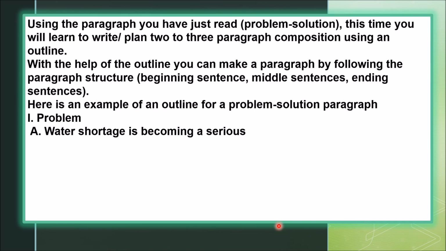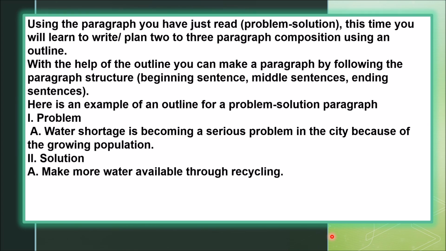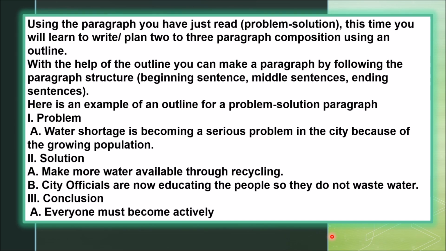First one, problem. So the problem is the water shortage is becoming a serious problem in the city because of the growing population. And how about the solution? So these are the solutions. Make more water available through recycling. City officials are now educating the people so they do not waste water. And the third one, the conclusion: everyone must become actively involved.